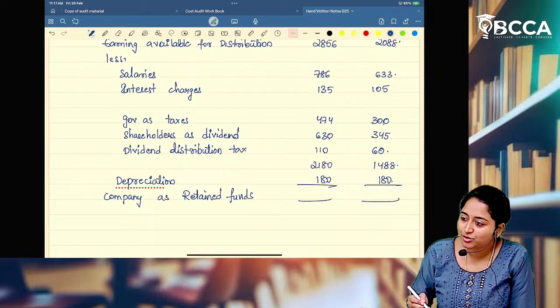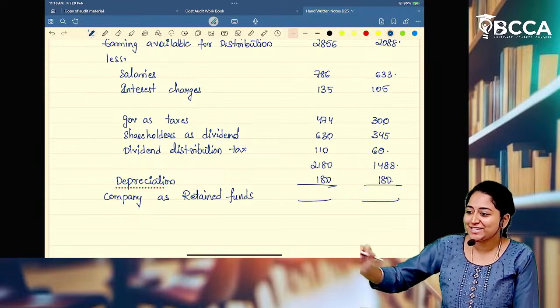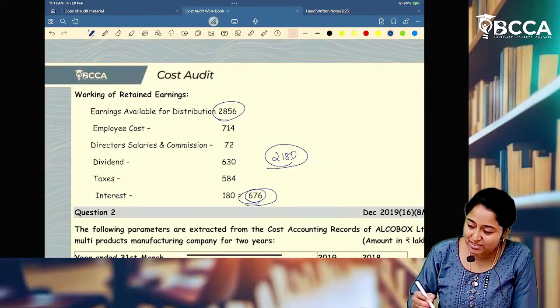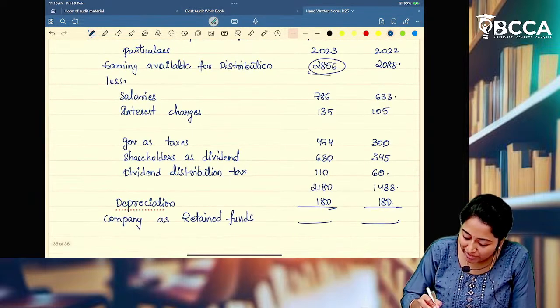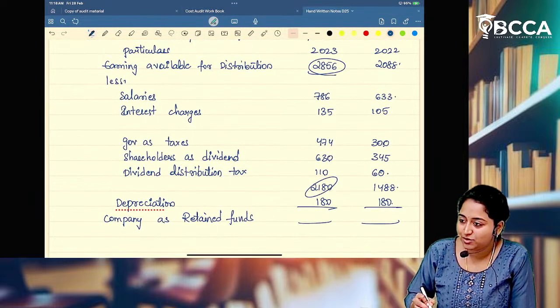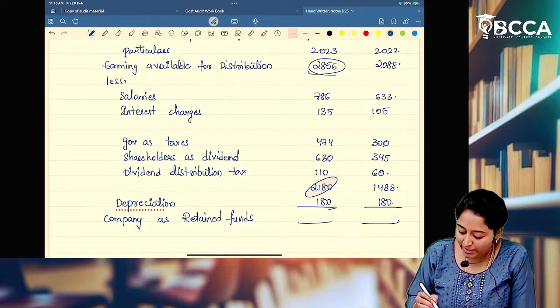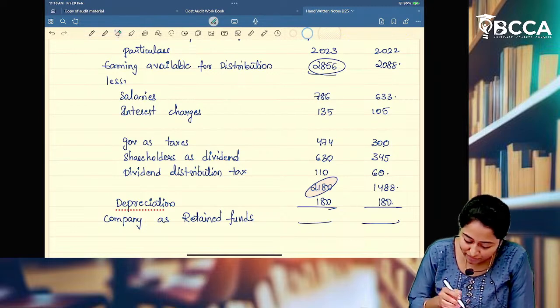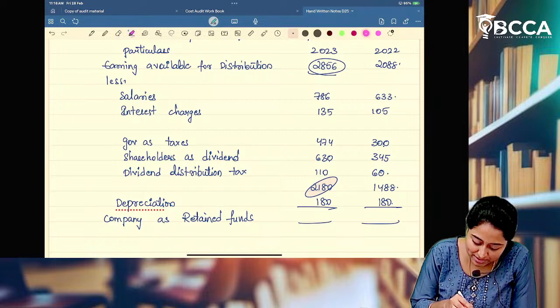I would ask you the total. You told me it's not getting 630. The total is 676. I told you what? 2856 minus 2180. You have to get that. How much is it?